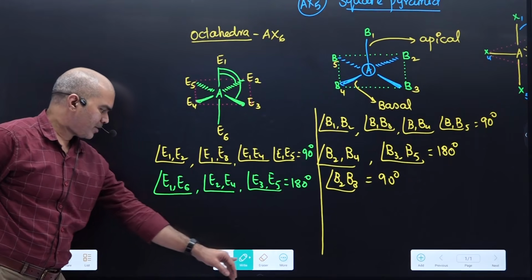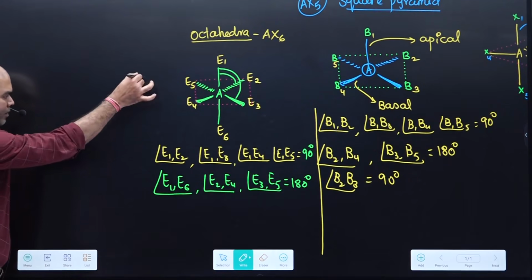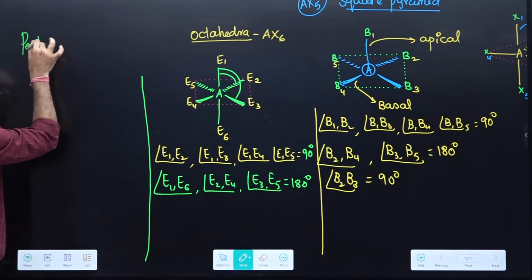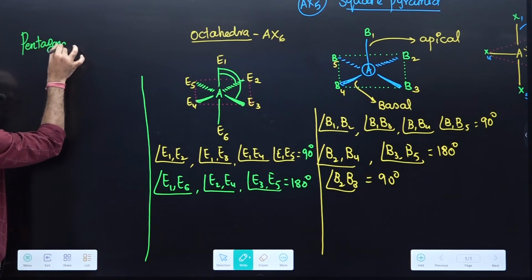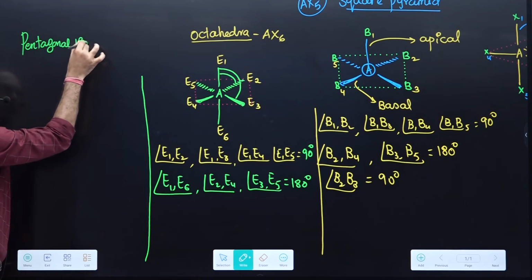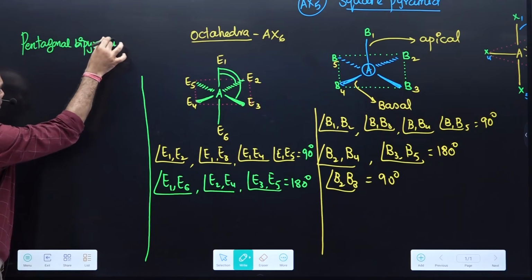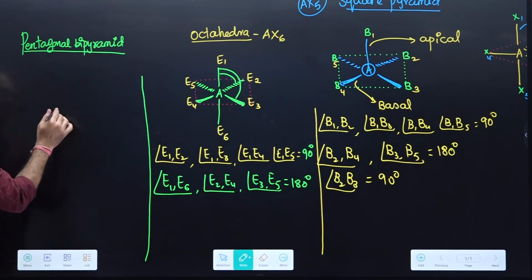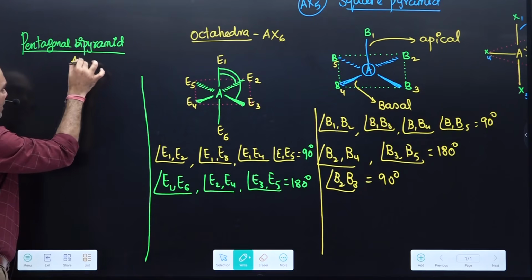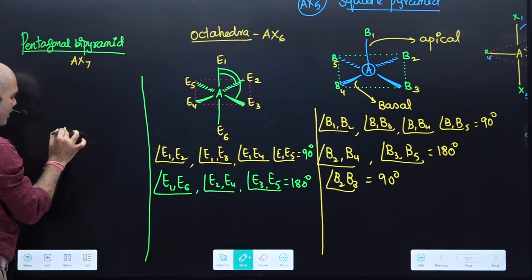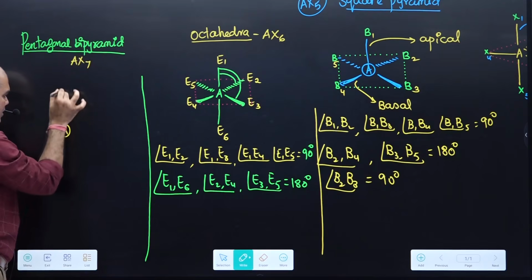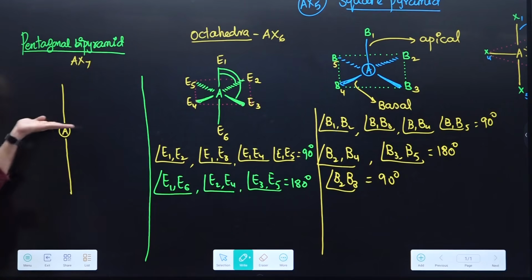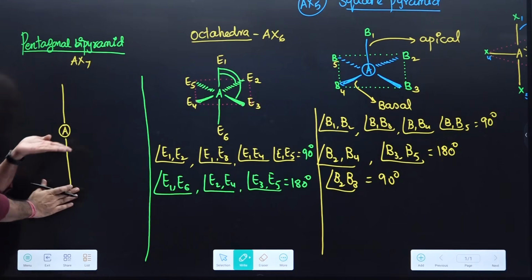The last geometry. Pentagonal bipyramidal. It is just an extension of trigonal bipyramidal, but the between plane is a pentagon, not a trigonal. I can give it as AX7. A is present in the center. If this is one bond above, one bond below, there is a plane with 5 more atoms.